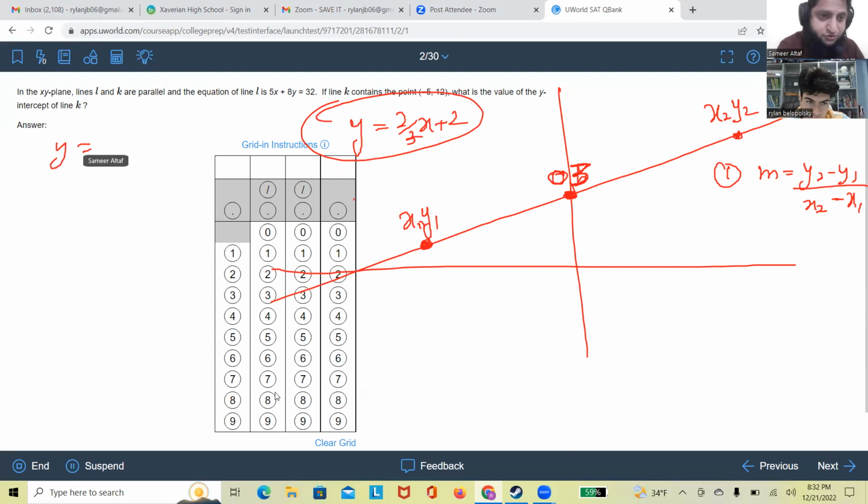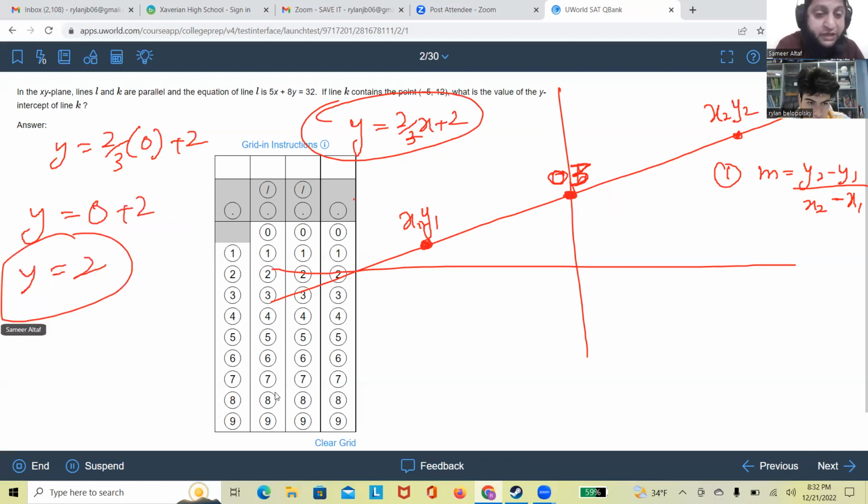Y equals 2 over 3 times 0 plus 2. Y equals 2 over 3 times 0 is 0, plus 2. Y equals 2. So when x is 0, y is 2, means the y-intercept is 2.